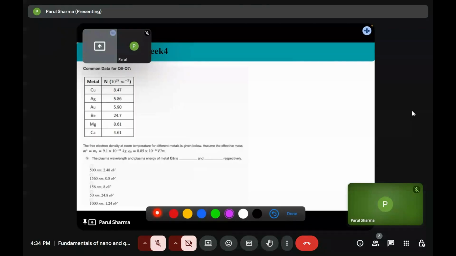So the question is to calculate the plasma wavelength, plasma frequency, and plasma energy. So we want to find the plasma wavelength, m star, epsilon naught, and we want to calculate omega p.